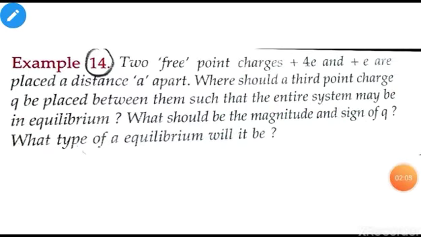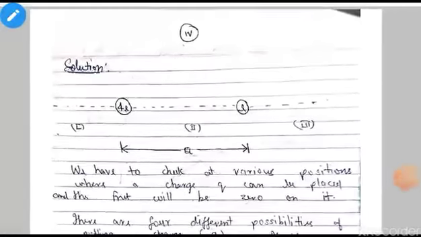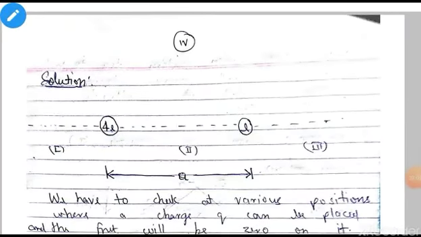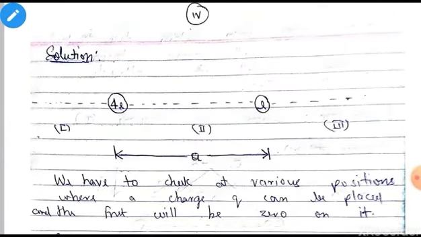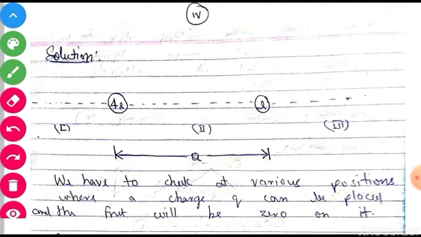Here is the solution part. Here I have shown these two charges 4e and e placed a distance a apart. Now I have shown four regions here: region 1, region 2, region 3, region 4. Why?